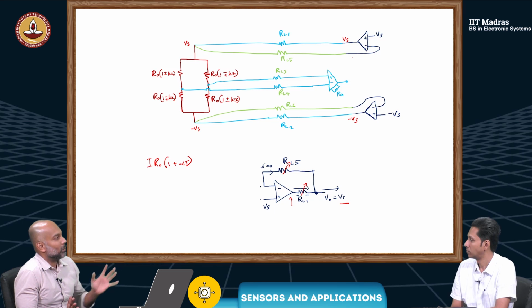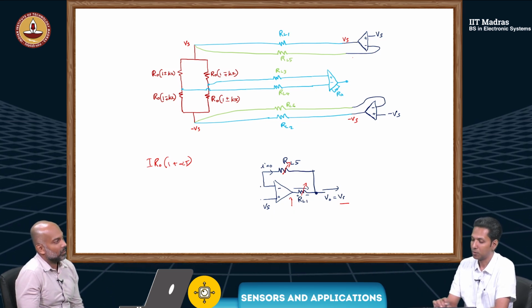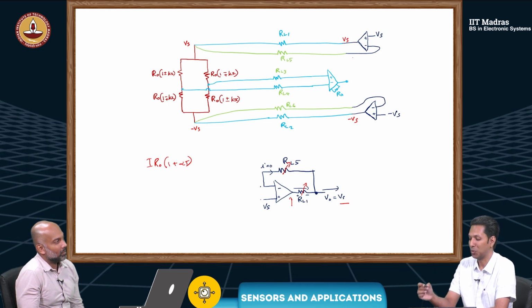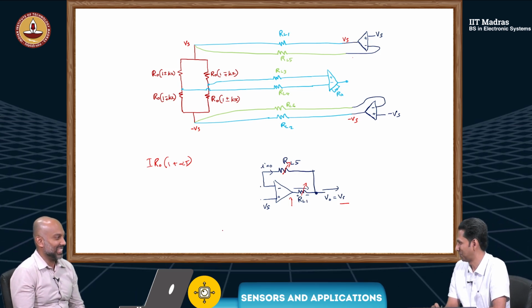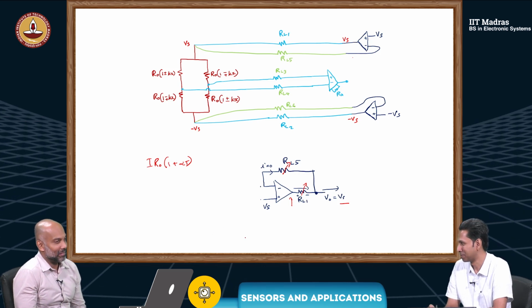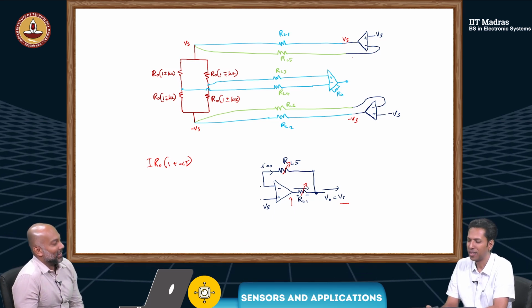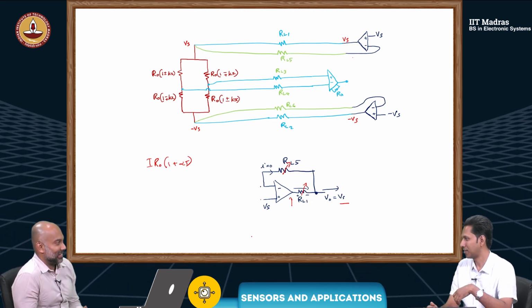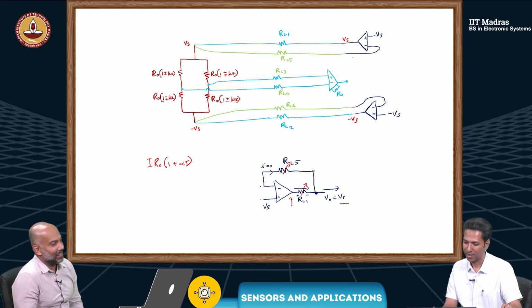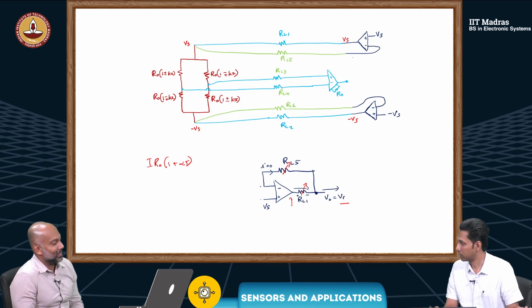So lead wires do not matter. Only thing is, you have 4 plus 2, 6 wires. But it solves the problem. It could be in one cable with all these wires together. So that solves all the problems.